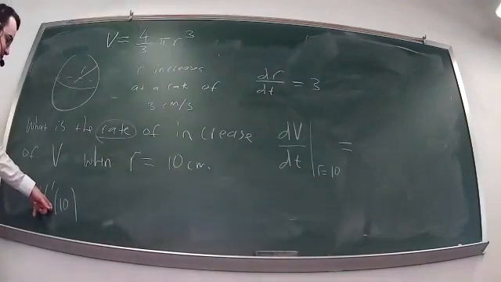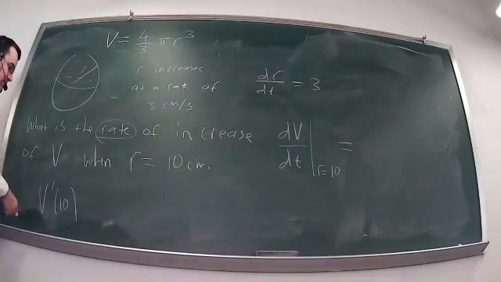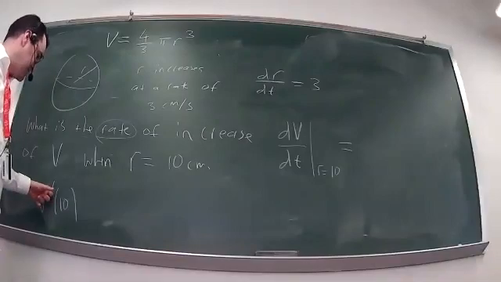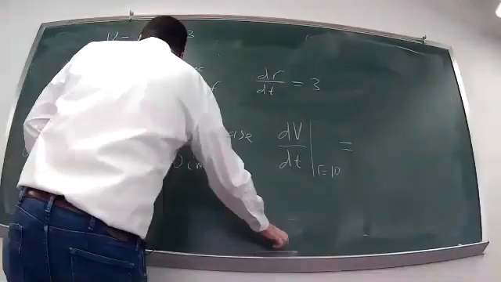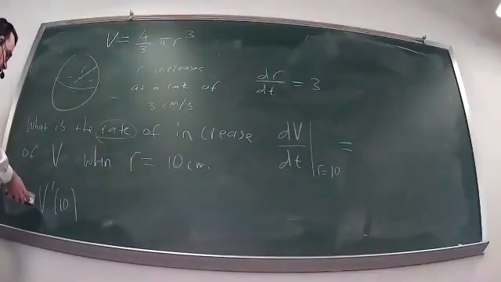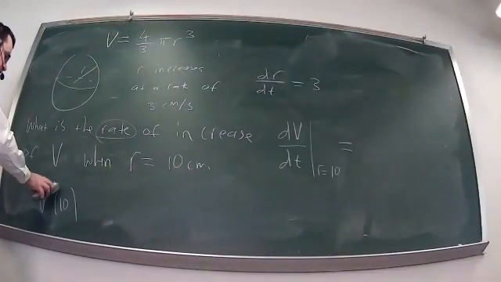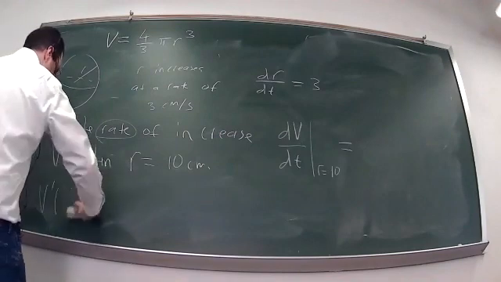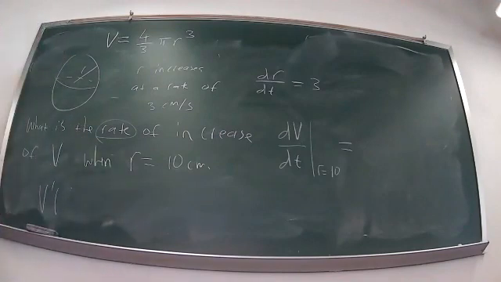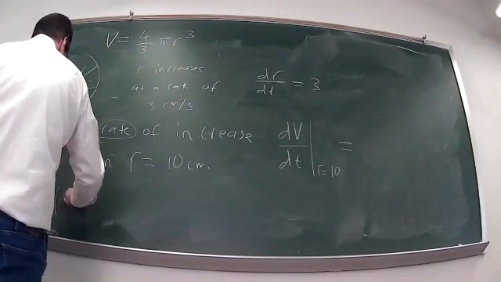The disadvantage of this notation is that you can't see the variable, so you just write v prime, and it's like, does this prime refer to t or refer to r? So this notation doesn't really work very well, because this should refer to t, but then it's not t that's equal to 10, it's r that's equal to 10.